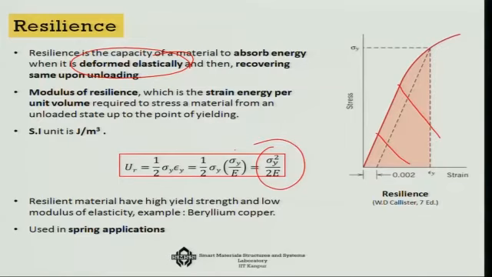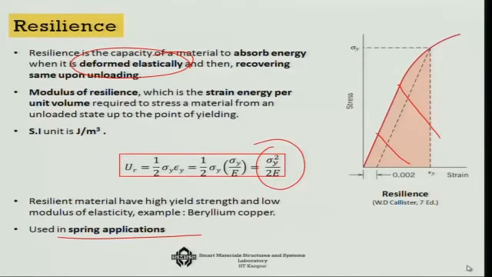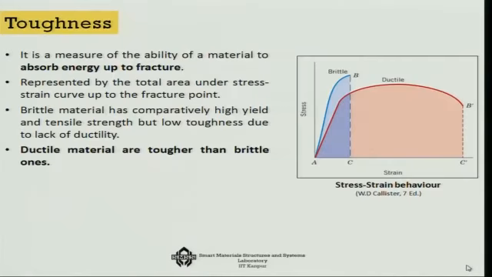if you know the yield stress and the modulus of elasticity, you can actually compute the resilience of the material in terms of modulus of resilience and how much energy the material can absorb, which is very important in applications like springs. So, resilience is another important mechanical property.